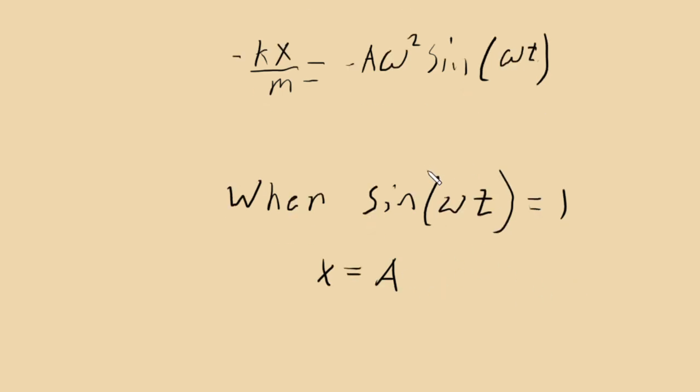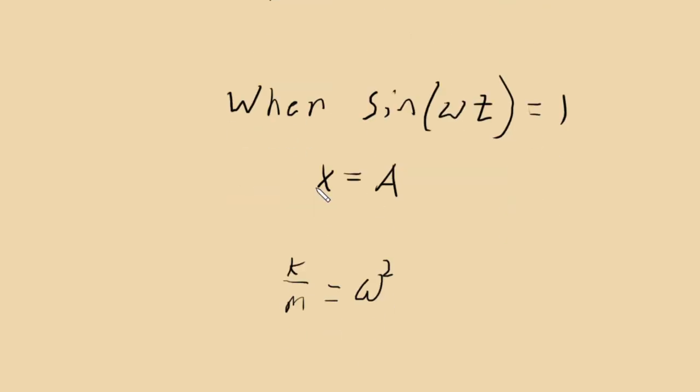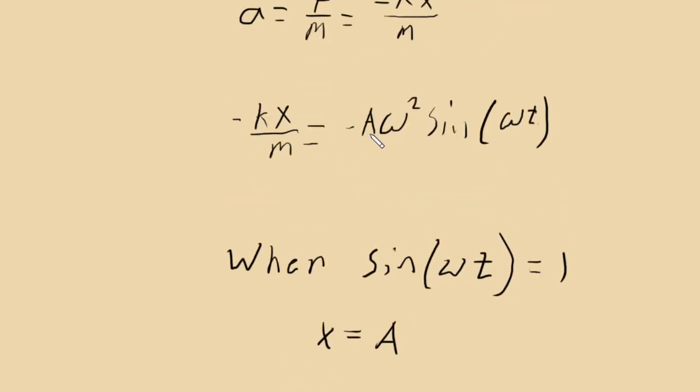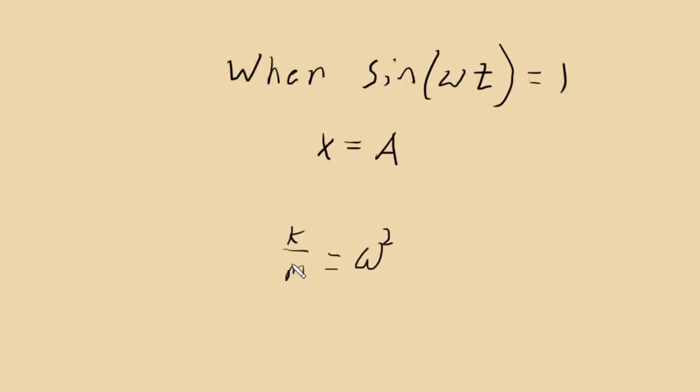Because if you think back to our position versus time equation, it would have been just 1 times our amplitude, which makes sense because we're at our max amplitude. So if we apply this relationship where x and a are equal to each other when sine of omega t equals 1, we get rid of our sine function because it just becomes a 1, and we also cancel our x and our a out because they're equal to each other. And what we're left with is k over m equals omega squared.